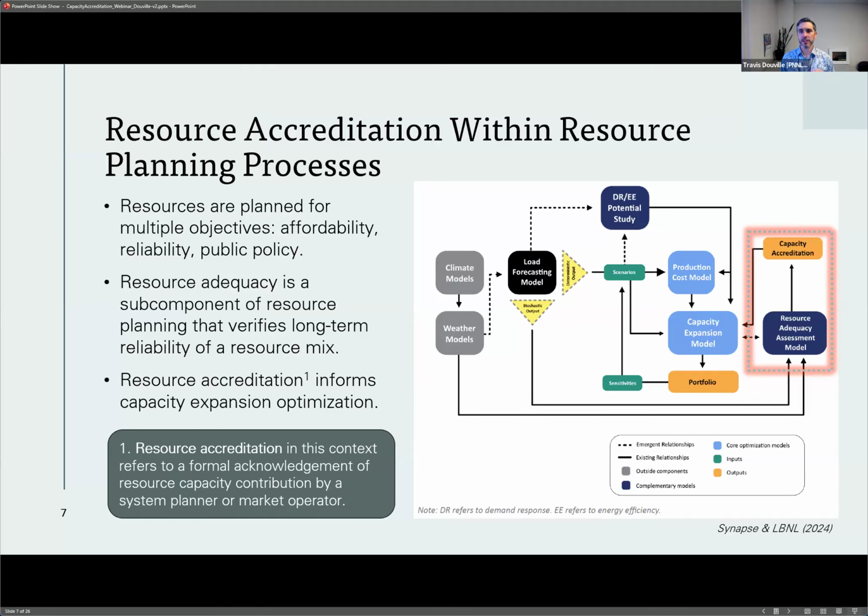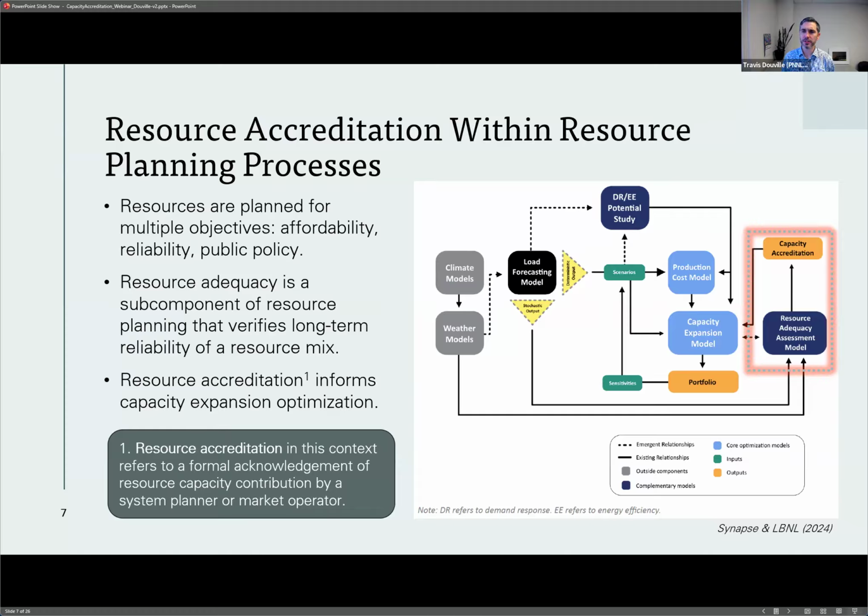Resource adequacy is a subcomponent of resource planning, and resource planning is not only done for adequacy. Adequacy is more of a check to make sure that the generation mix planned under whatever objectives are guiding the system plan is sufficient to meet loads at all hours anticipated in the planning horizon.